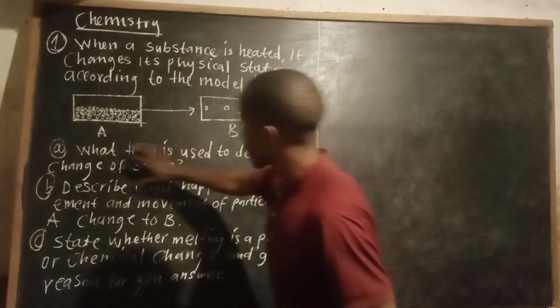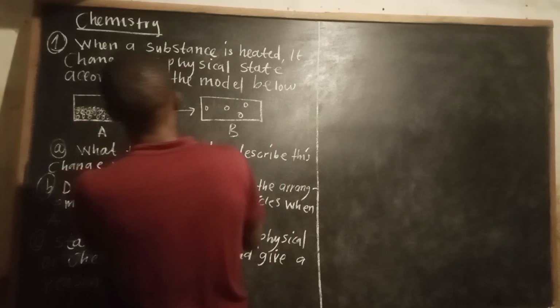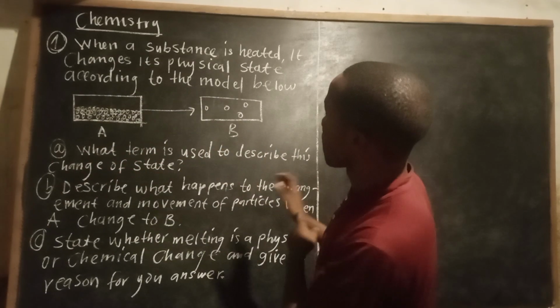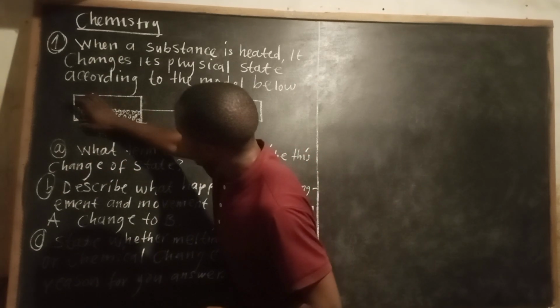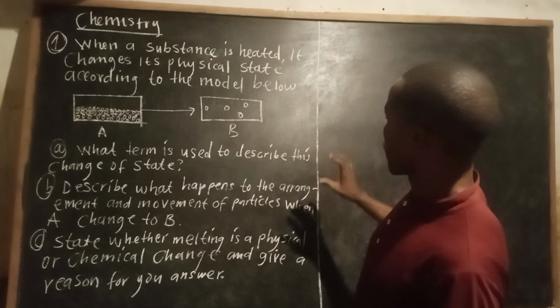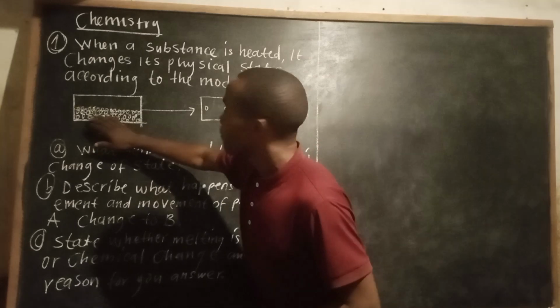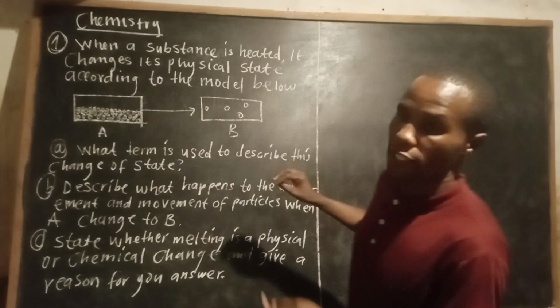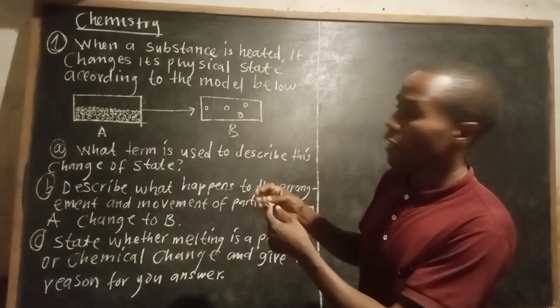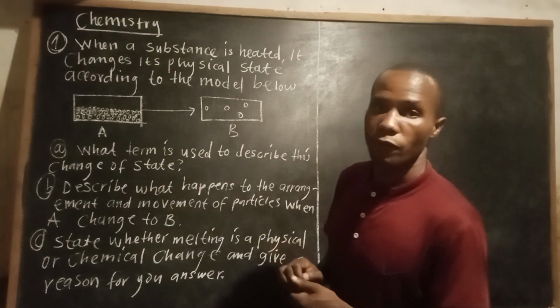So to start with the first question, when we look at the two diagrams, A and B, we are able to describe this type of change in terms of particles. Let us look at how the particles are arranged in the first table and the second table.